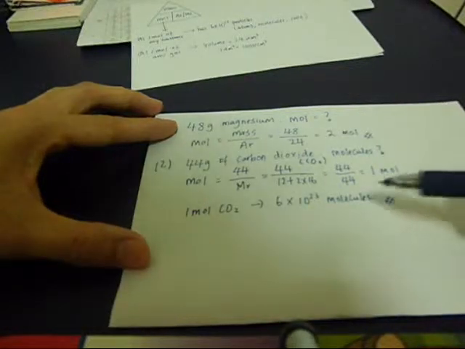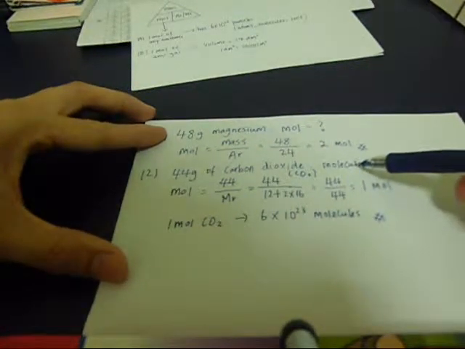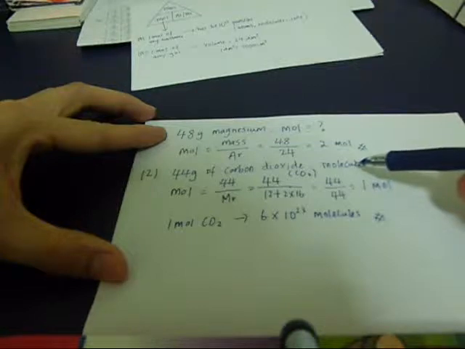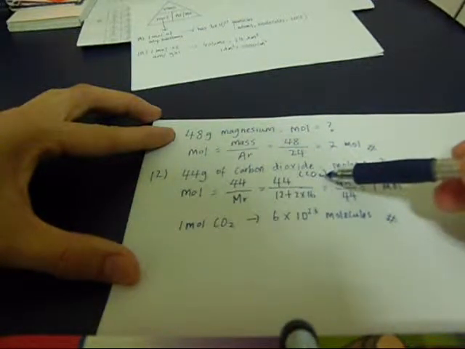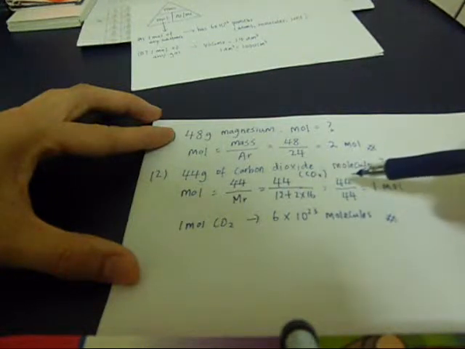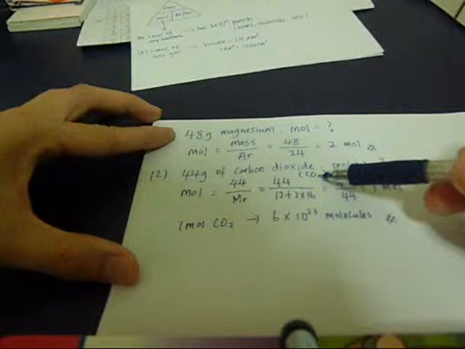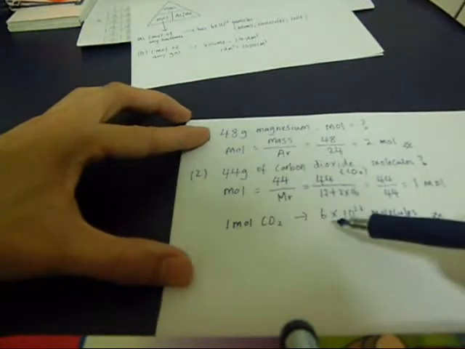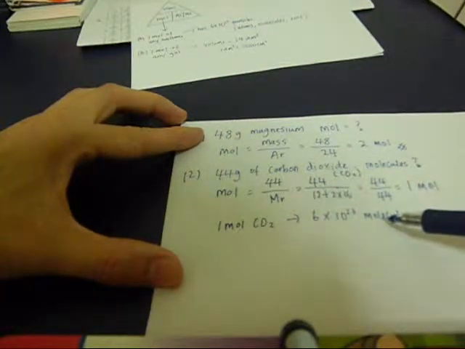Now if the question asks you, instead of molecules, for atoms, you need to know that in each CO2 molecule there are 3 atoms: 1 carbon atom and 2 oxygen atoms.